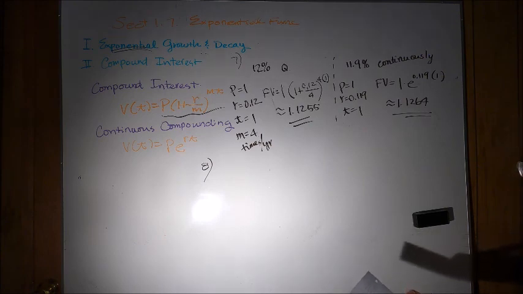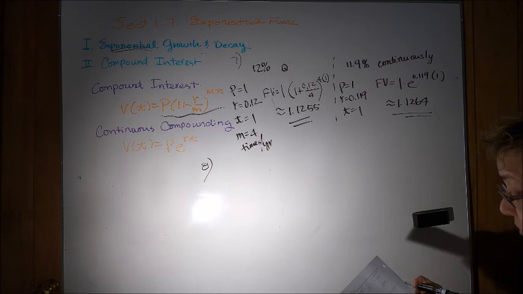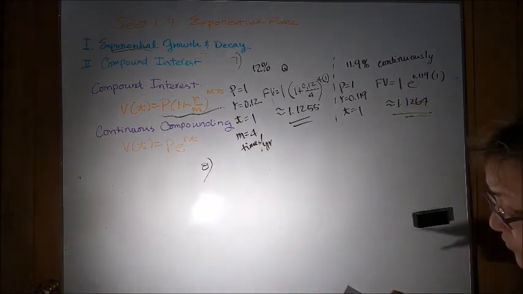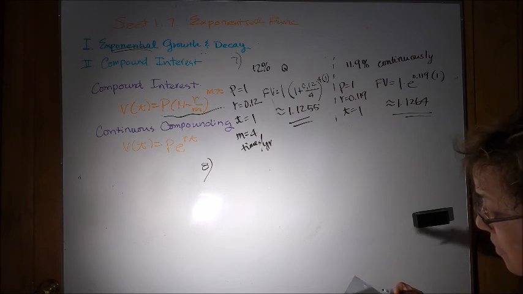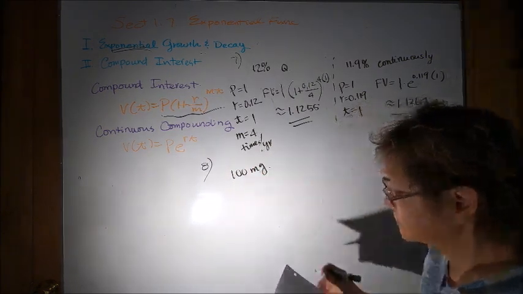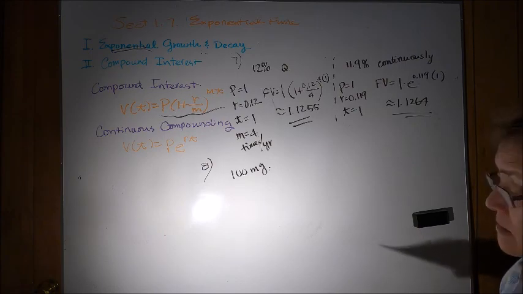They would decay, not, say, quarterly, monthly, daily, hourly, because they will do it continuously, right? So if so, we need to use the second formula. So for 100 milligrams, how much will it decay after 3 days?